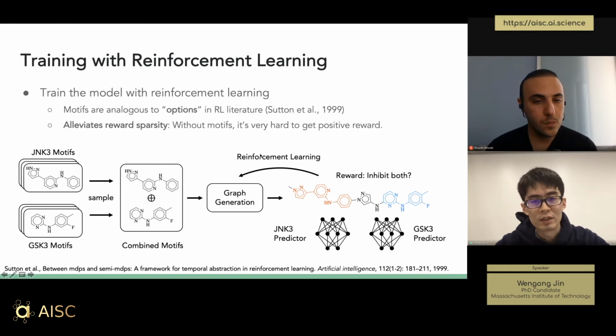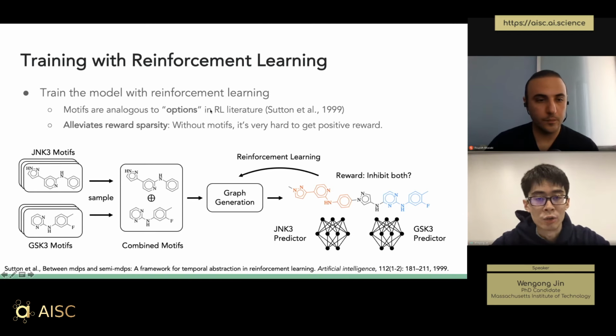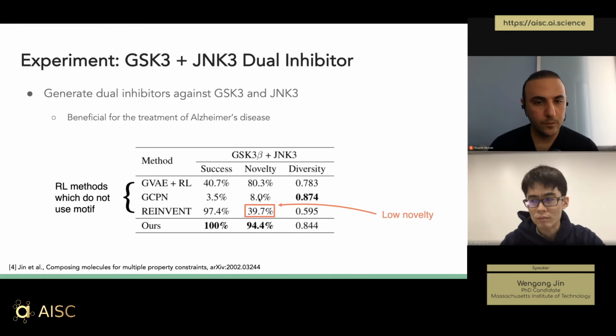We found that with previous methods using reinforcement learning, it is typically hard to get positive rewards given these multiple constraints. And here the motifs are analogous to options in the reinforcement learning literature, which are typically used to address this reward sparsity issue.